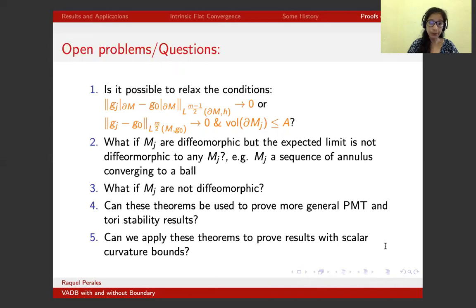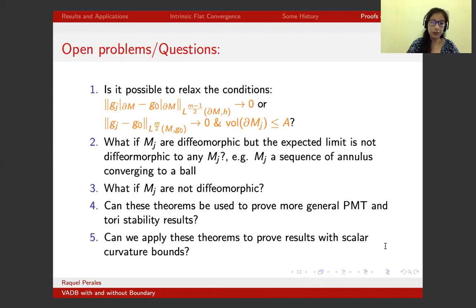Question number 2. What if the Mj are diffeomorphic, but we expect the limit not to be diffeomorphic to any Mj? This situation can happen, for example, when each Mj is an annulus, but these annuli converge to a ball. The third question is, what if the Mj are not diffeomorphic?